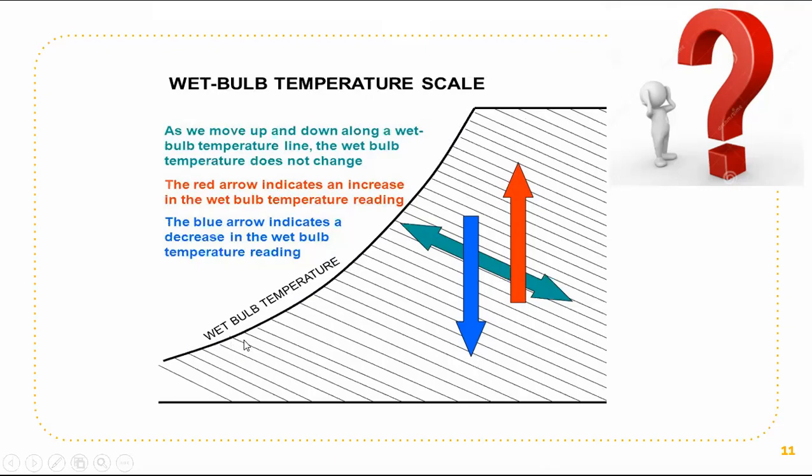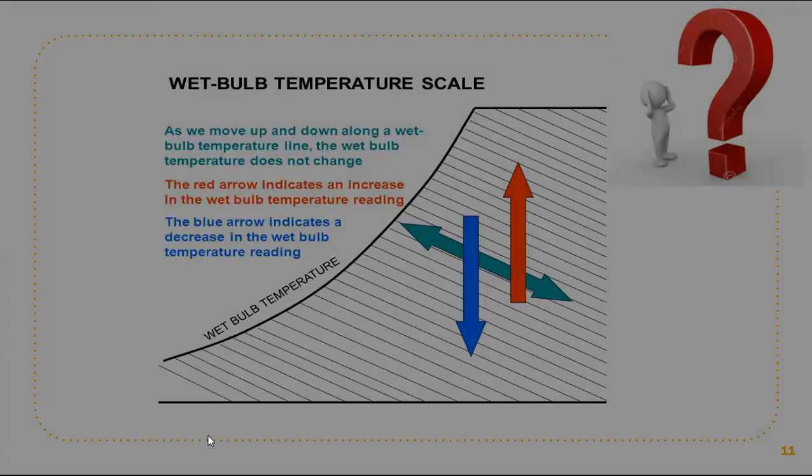But notice, class, that your wet bulb temperature is not read like this, but rather it follows the slant line where it is starting from. So if there's a particular reading scale here, you're going to read the wet bulb temperature in a slanting manner, not in a downward or horizontal manner. Okay, that's for the wet bulb temperature.